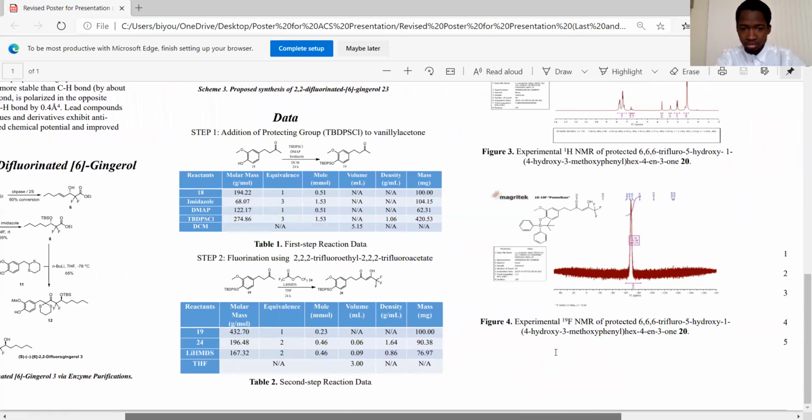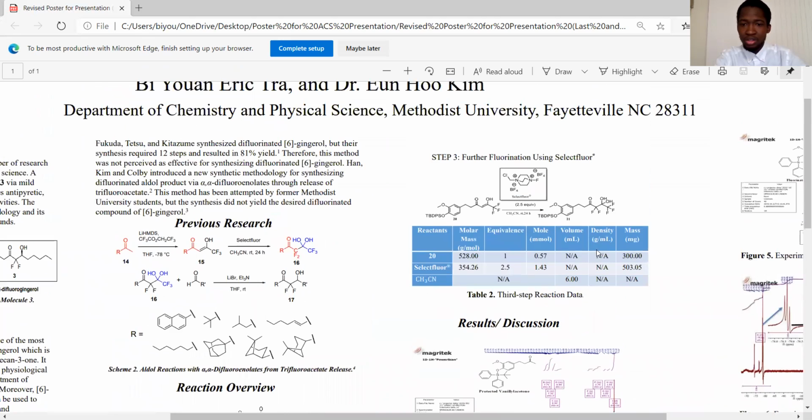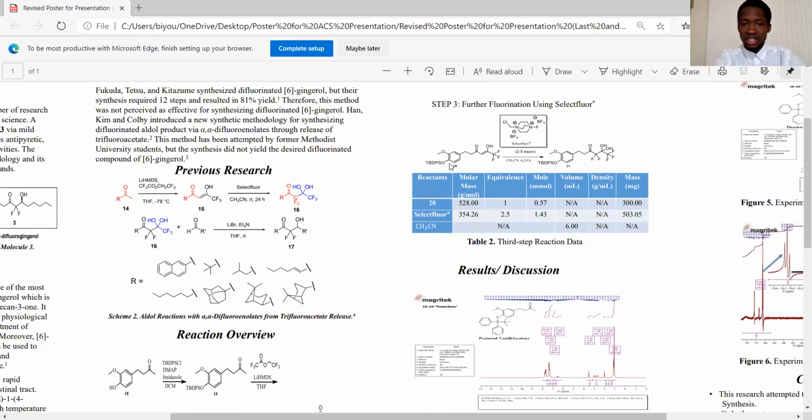And coming back to my third step, I started with the product of the second step, which is here. And then I used Selectfluor to synthesize this compound. And this is the structure of Selectfluor. It was complex, that's why I simply refer to it as Selectfluor.